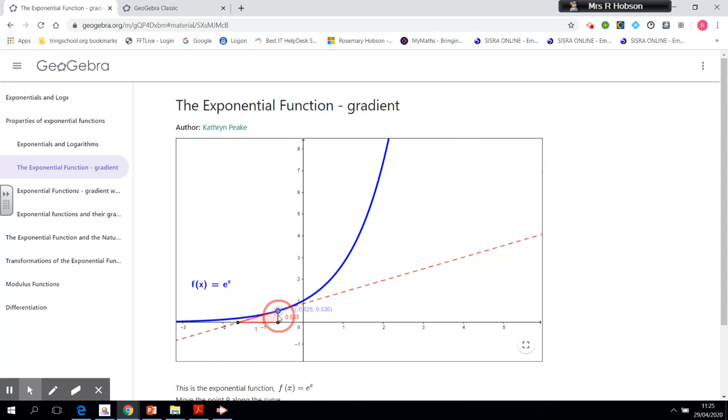What about here? Again, they're the same. Again, they're the same. So what we're finding is, whatever this e is that we don't know, as we move along, the y value and the gradient are always the same. So that makes it a very special function.